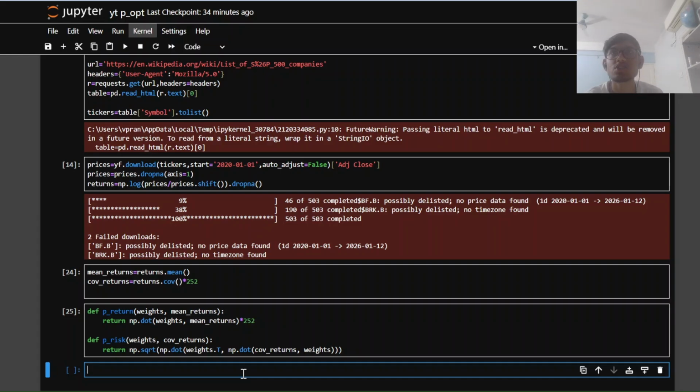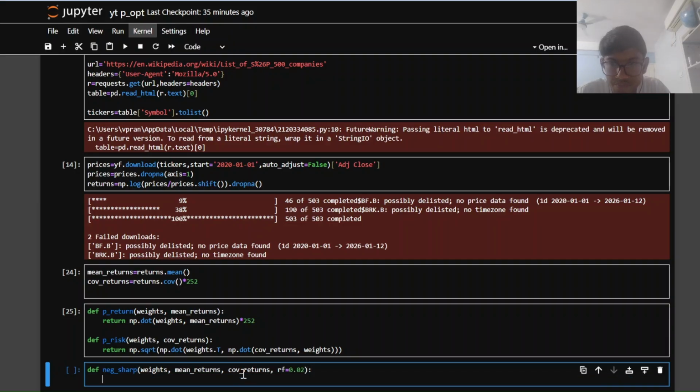We'll define a function which computes the negative of Sharpe ratio, and essentially the minimum negative of the Sharpe ratio that we get will be the maximum positive Sharpe ratio that we have, and we'll select that portfolio as our optimal portfolio, right? So let's define our function. Define negative Sharpe, which takes in weights, takes in the mean returns, takes in the covariance matrix, and let's set RF to be 0.02, right?